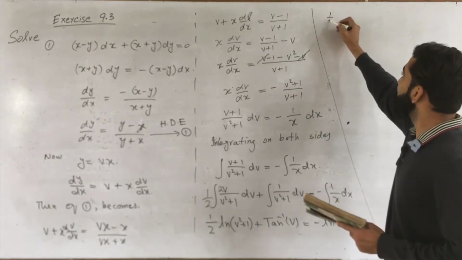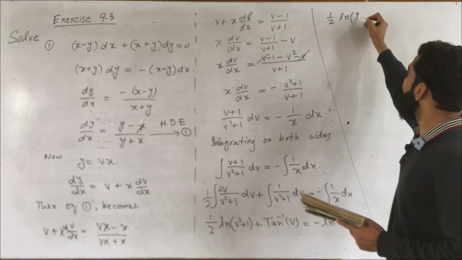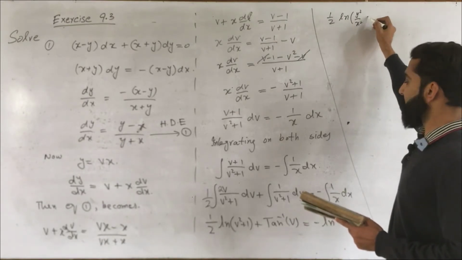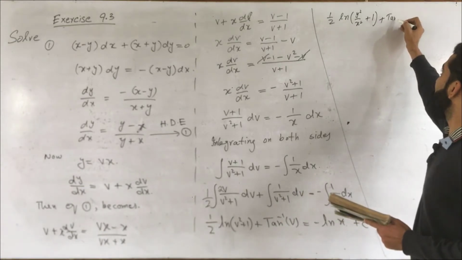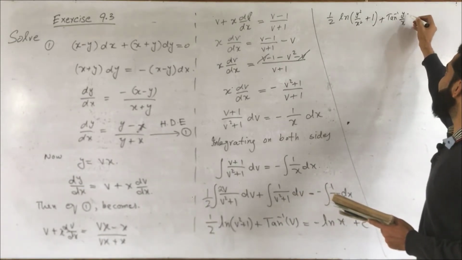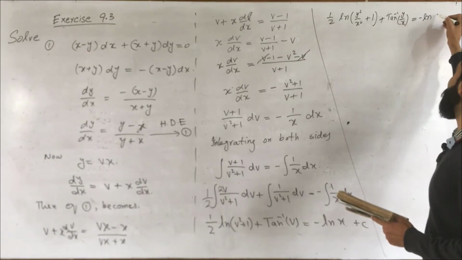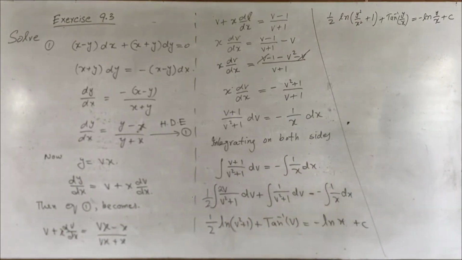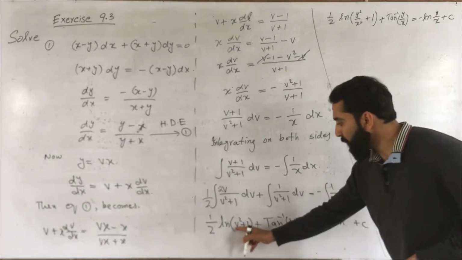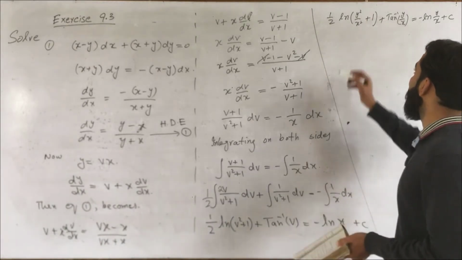1 over 2 natural log of y square over x square plus 1 plus tan inverse y over x is equal to minus natural log of y over x plus c. You can see that where I have v, I put the value of v is equal to y over x.